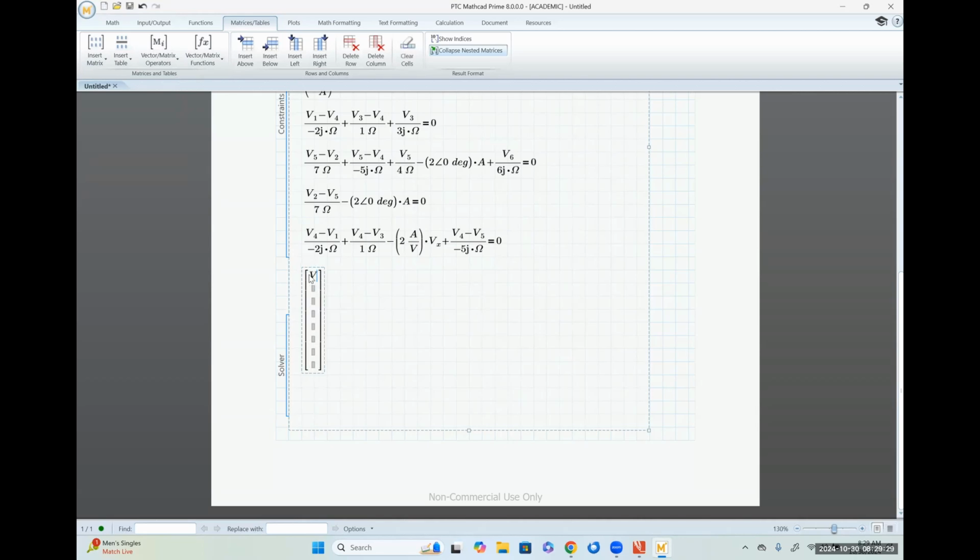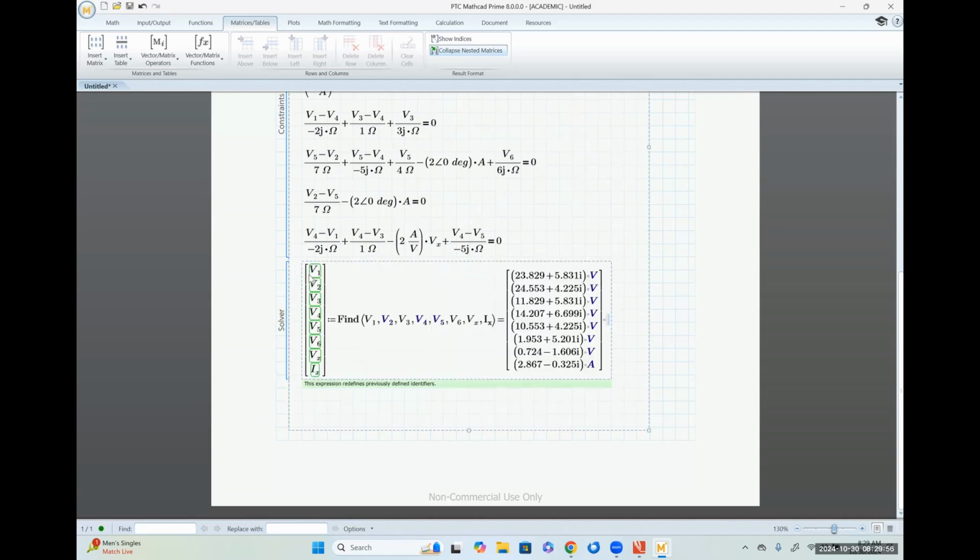And so V1, 2, 3, 4, 5, 6, X, IX, find V1, V2, V3, V4, V5, V6, Vx, Ix is equal to this.